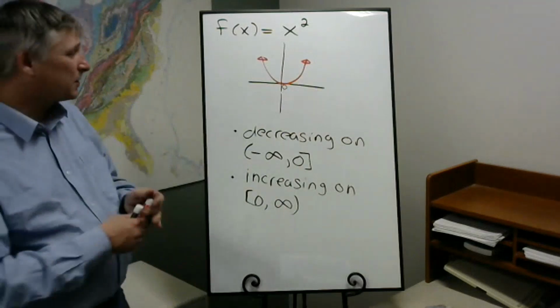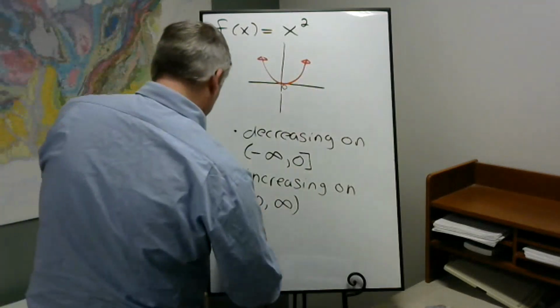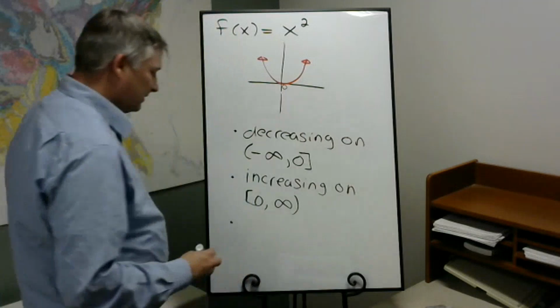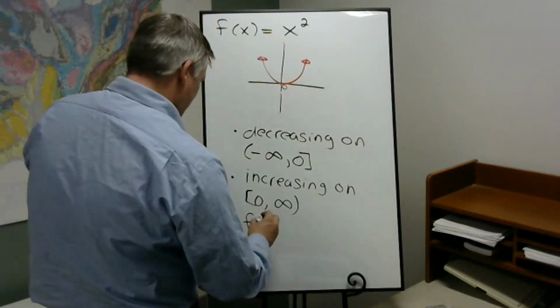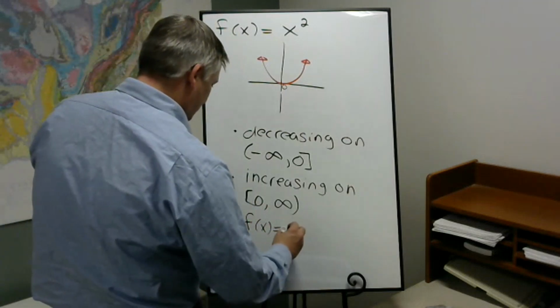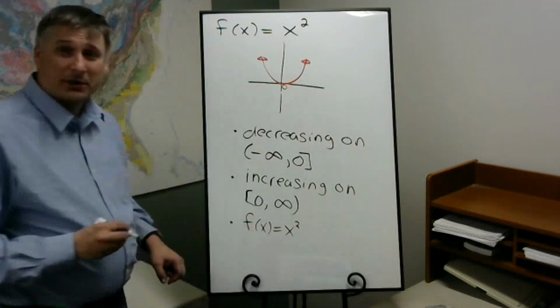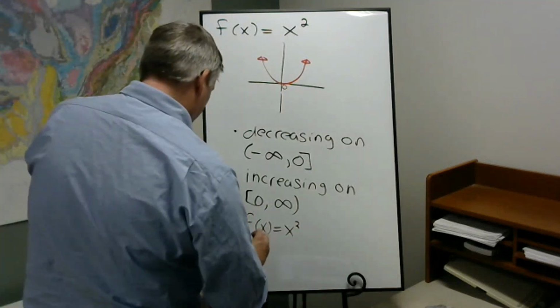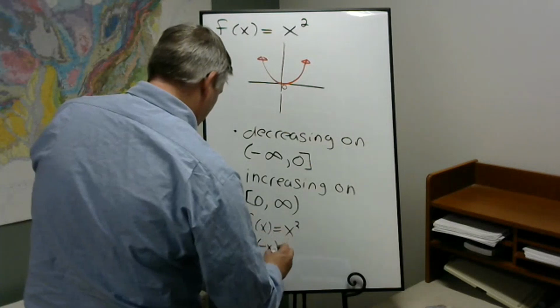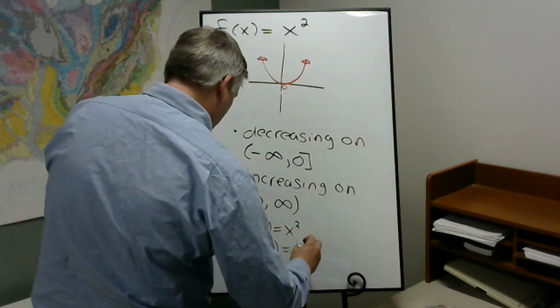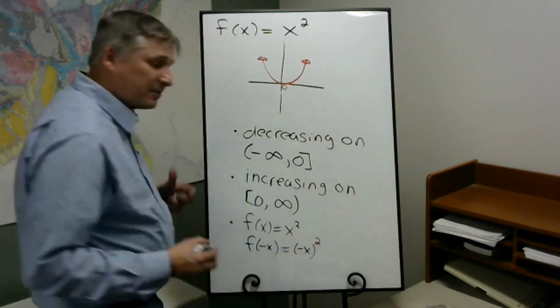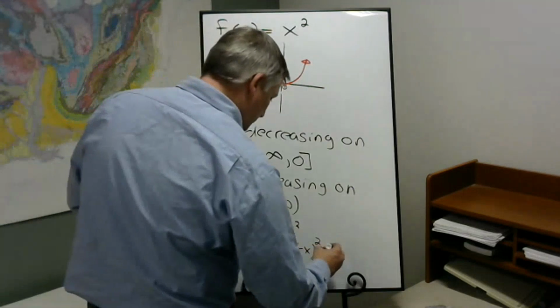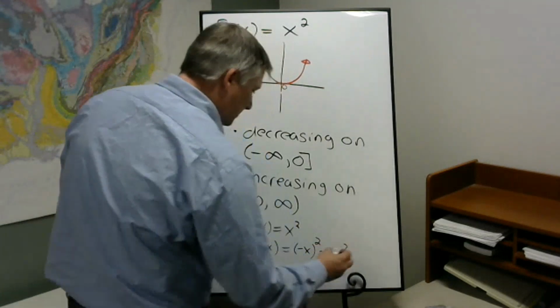Now, as far as symmetry goes, our f of x is x squared. So if we put in a negative x, so we square the negative x, we get x squared.